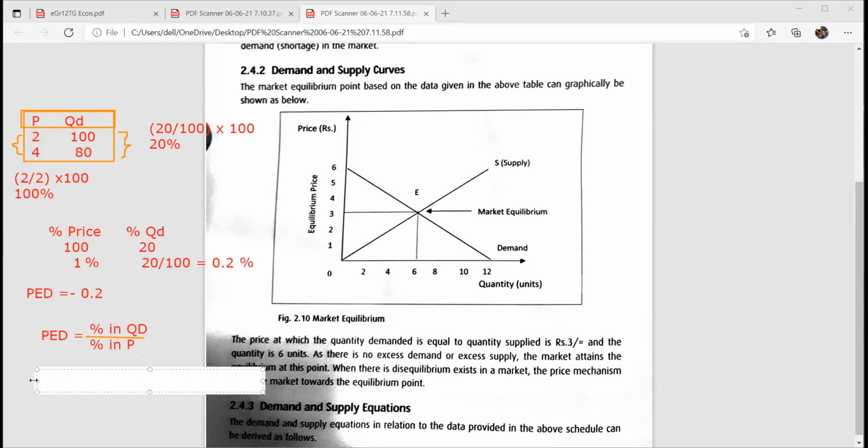PED equals the change in quantity over the change in price, delta Q over delta P, into P over Q. Right. This is the way of recognizing point elasticity.